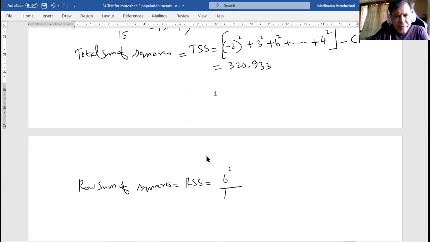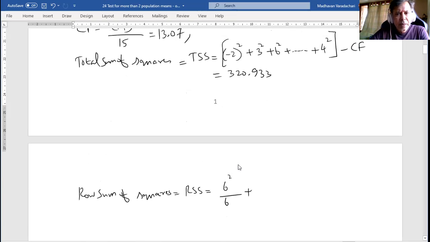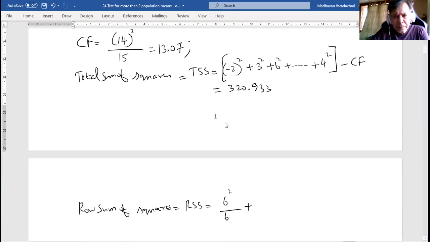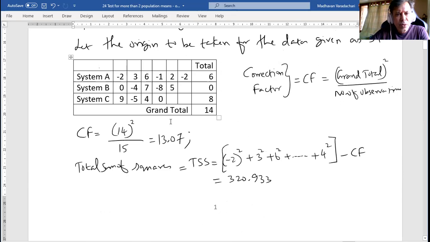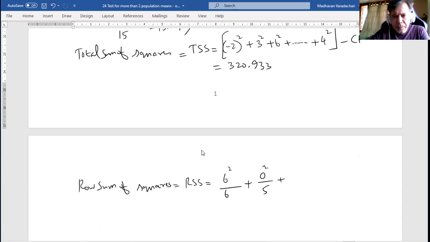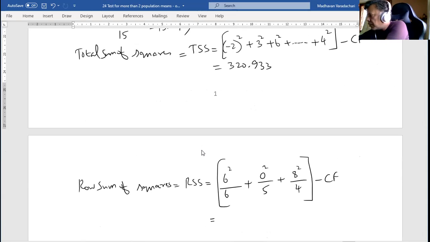So I have to divide it by 6, plus the next one is 0 square by 5 observations, that is made out of 5 observations. Then 8 square by 4 observations. This entire total minus the correction factor. If we calculate this, we will get that value as 8.933.